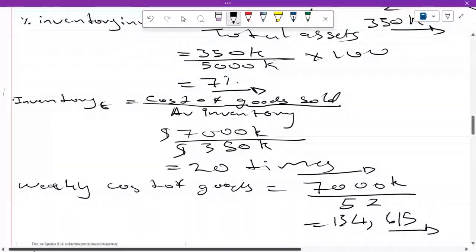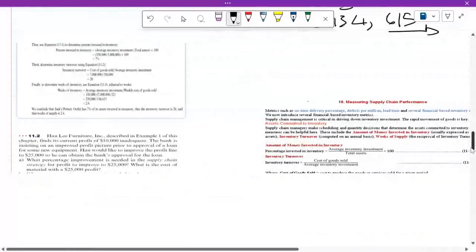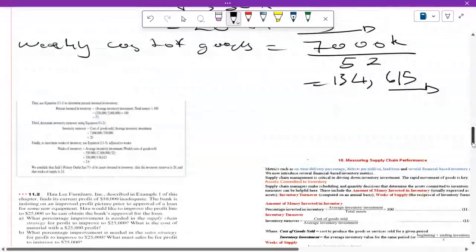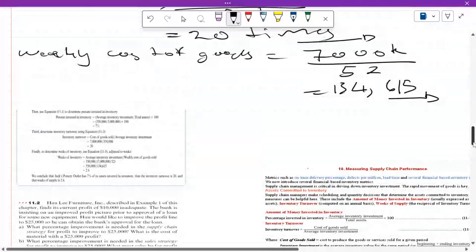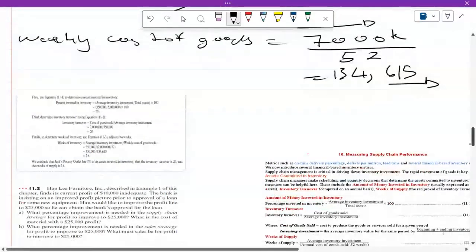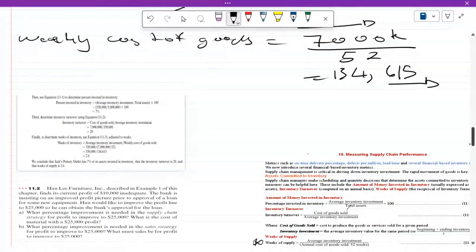And then our formula, oh, we've reached another formula down here. Our formula is this one, weeks of supply. Due to lack of space, we can just write it directly.